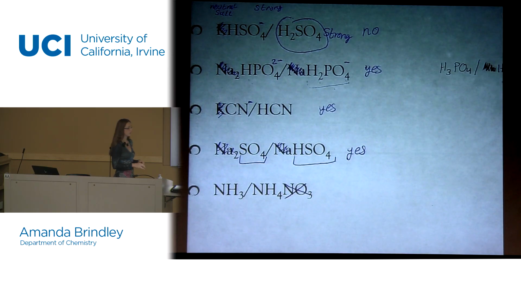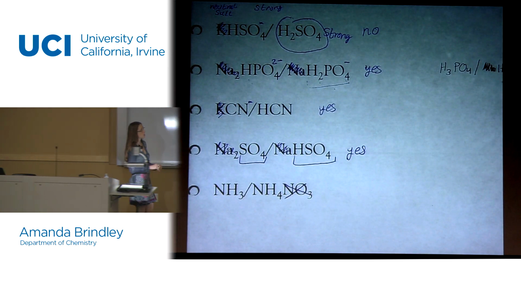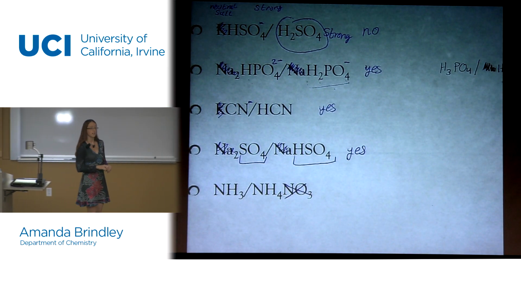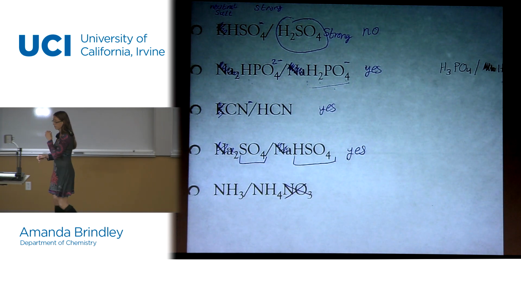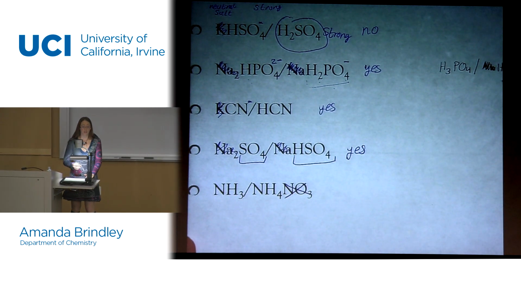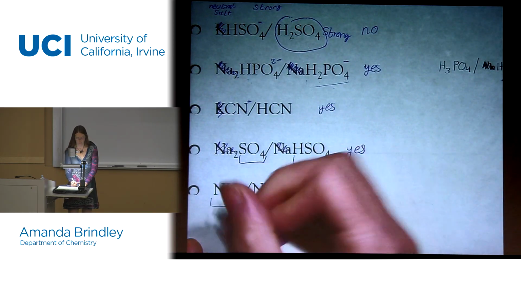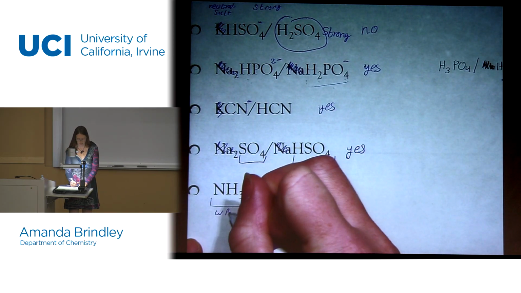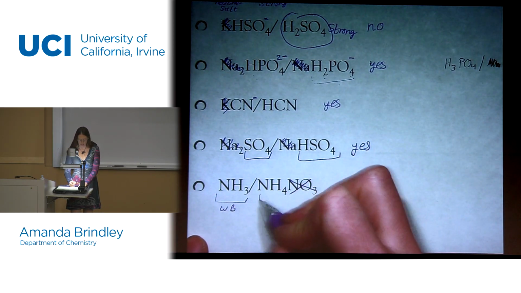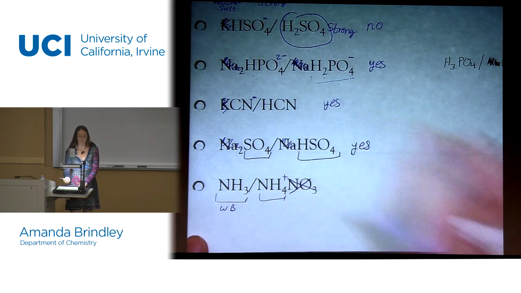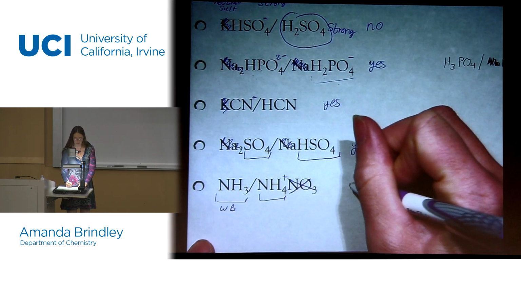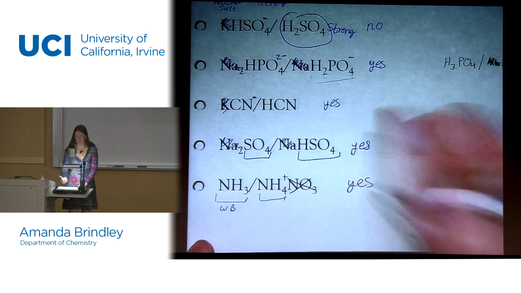So NO3 won't react because HNO3 is a strong acid. So that's actually our spectator here. Now, what is NH3? It's a weak base. And is NH4 plus its conjugate acid? So do we have a buffer? Yes.